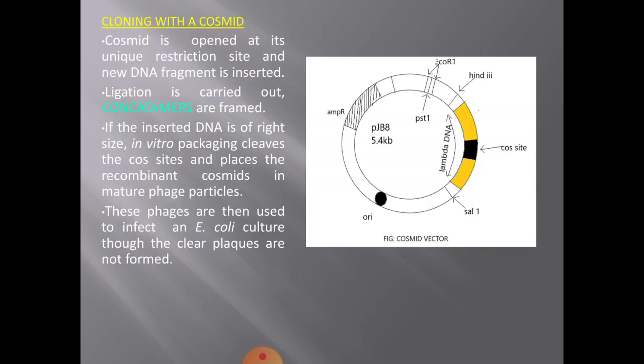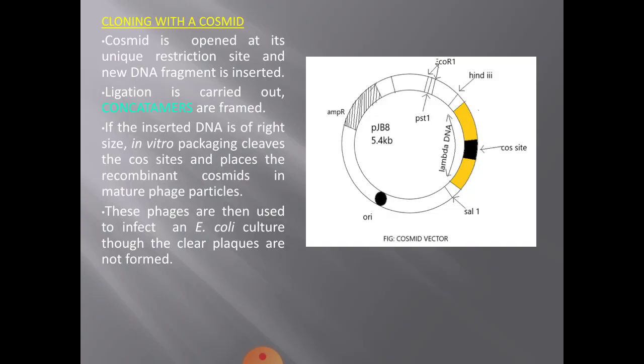Then, here I have shown you the structure of a cosmid. So, this cosmid vector is known as pJB8.